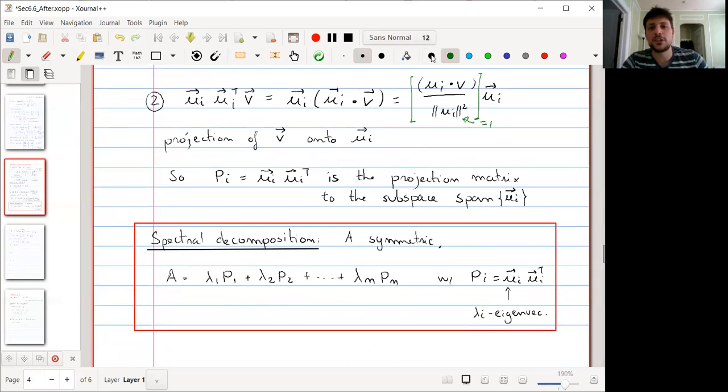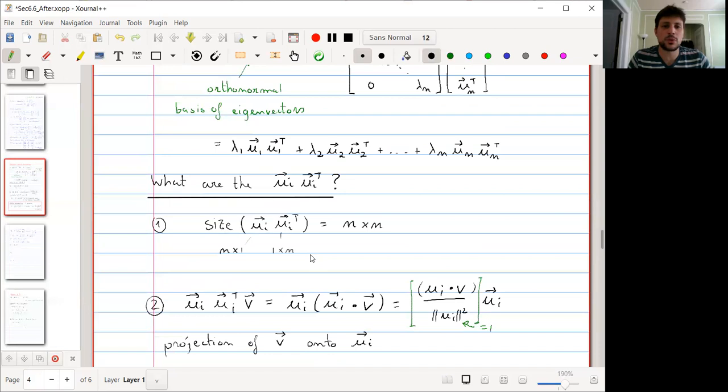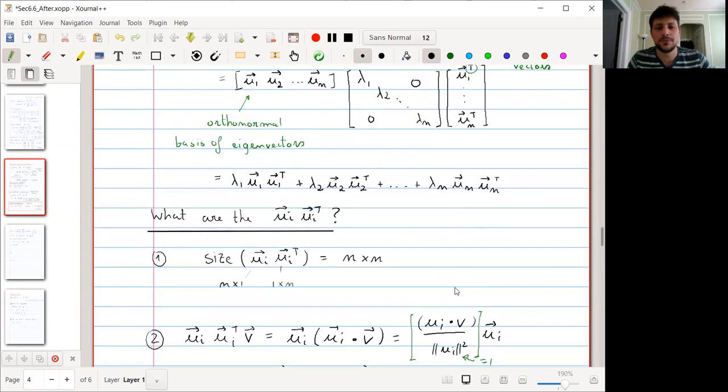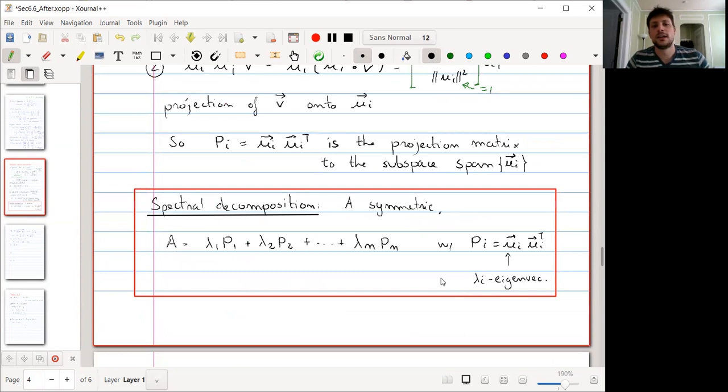As an application of our spectral theorem, we get a decomposition of the matrix A. Remember that that's where we started. We wrote A as PDP transpose, and then we expanded out this product. So we can write A as the sum of lambda i times Pi, where the lambda i's are the eigenvalues and the Pi's are the projections onto the corresponding eigenvectors.